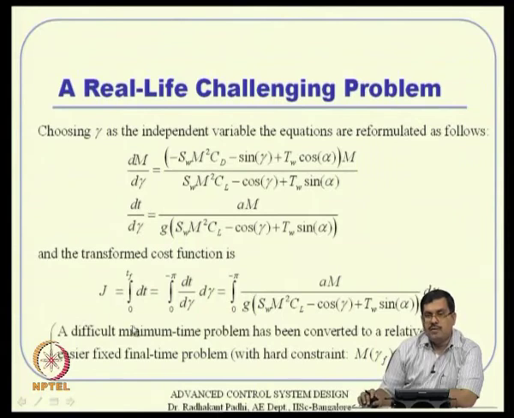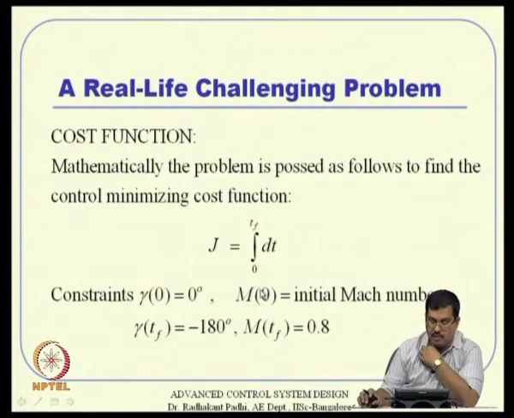So, if J is 0 to tf dt, then equivalently it is 0 to minus pi of dt by d gamma, and the dt by d gamma expression is available here. So, that is put here. Okay. So, you have a cost function which is no more 1 inside. And the limits of integration take care of this: 0 to minus pi, these are the limits you want for gamma.